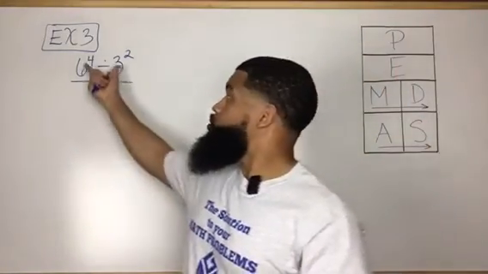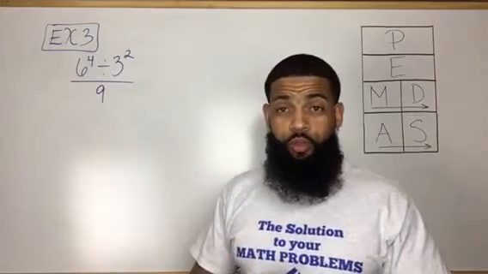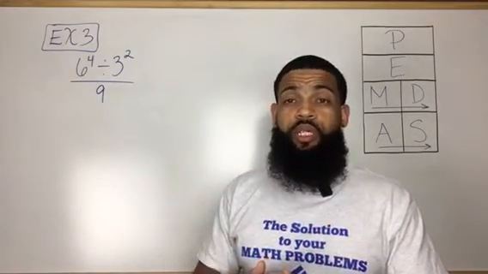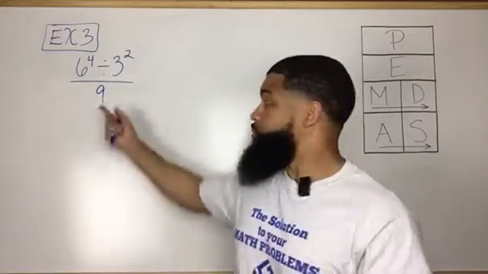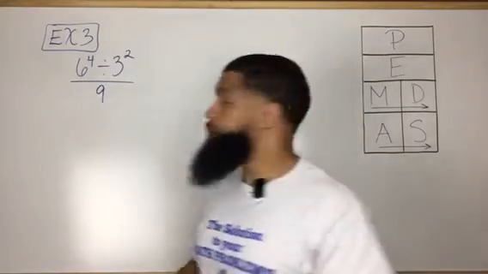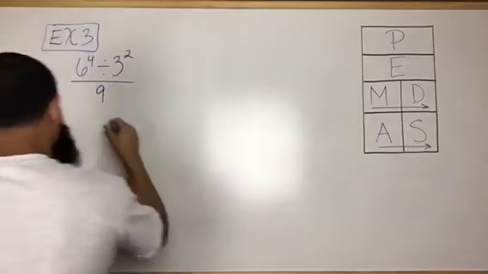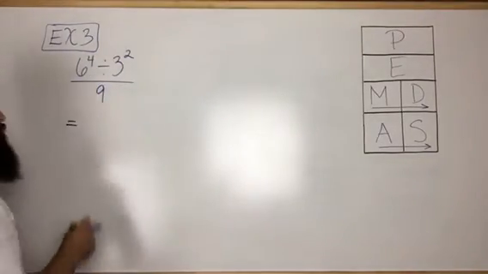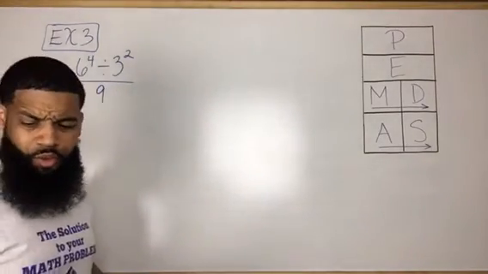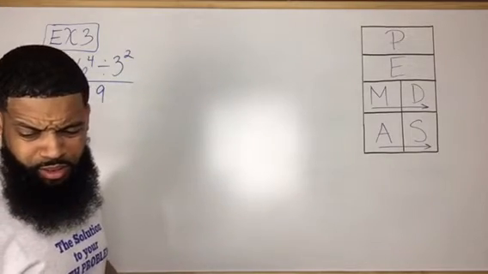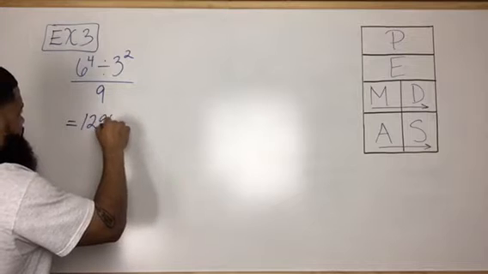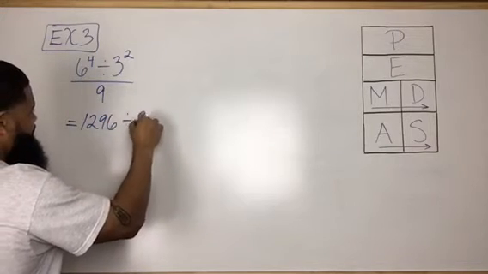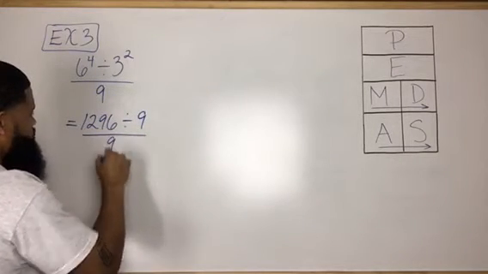So we want to do everything in the numerator first. We want to simplify the numerator first, and then when we get the numerator down to one term, then we divide it by what's in the denominator. Okay? So in this case, I have 6 to the 4th power, which I believe is 1,296, divided by 9, and that's over 9.